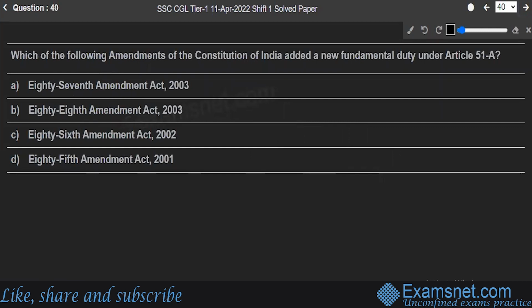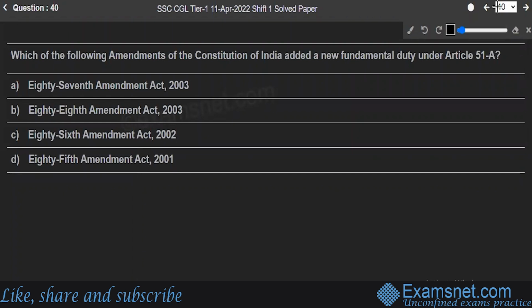Which of the following amendments of the Constitution of India added a new fundamental duty under Article 51A? Is it the 87th Amendment Act 2003, 88th Amendment Act 2003, 86th Amendment Act 2002, or 85th Amendment Act 2001? Let's look at them one by one.